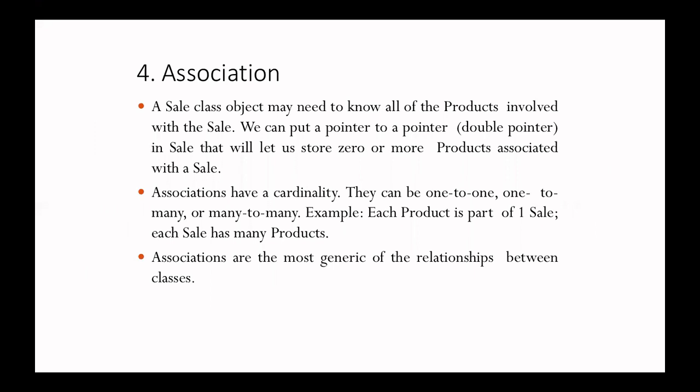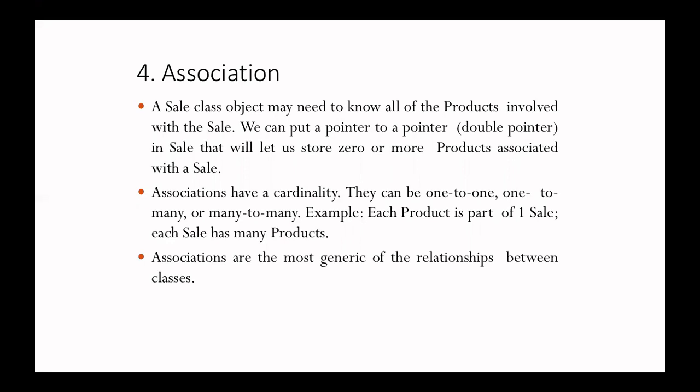A cell class object may need to know all the products involved with the cell. We can put a pointer to a pointer, a double pointer, in cell that will let us store zero or more products associated with a cell.